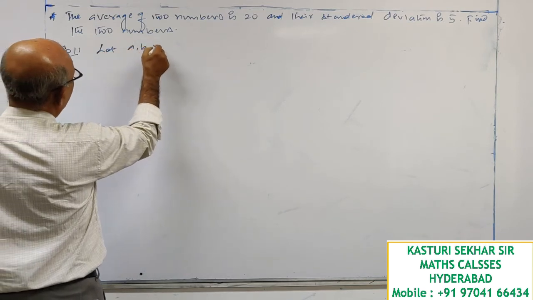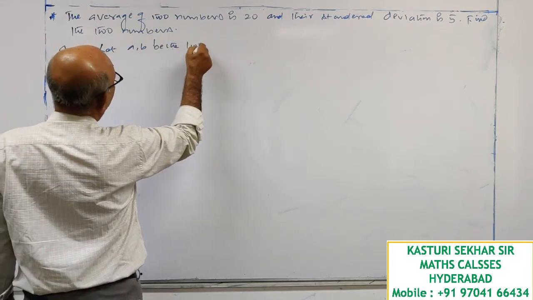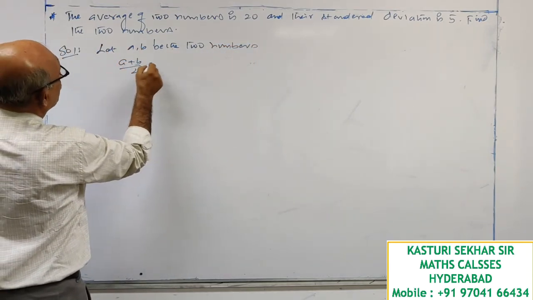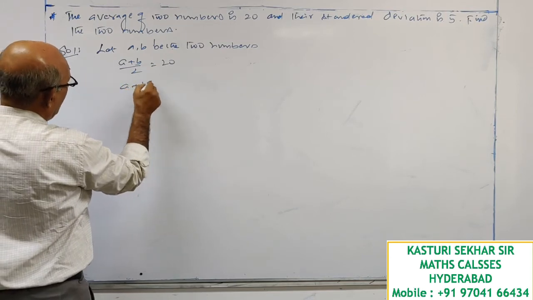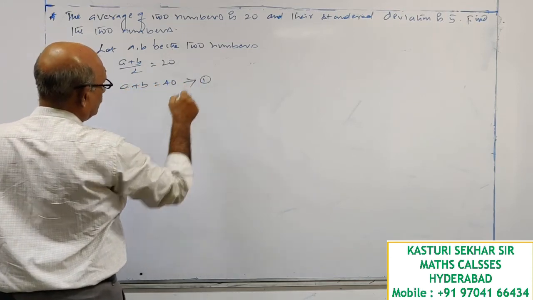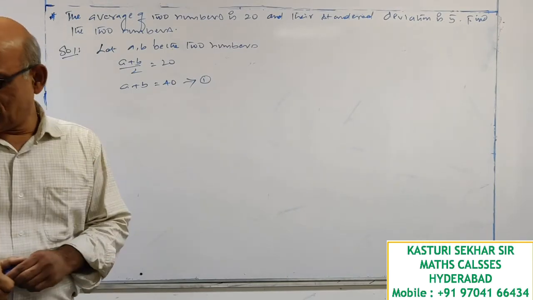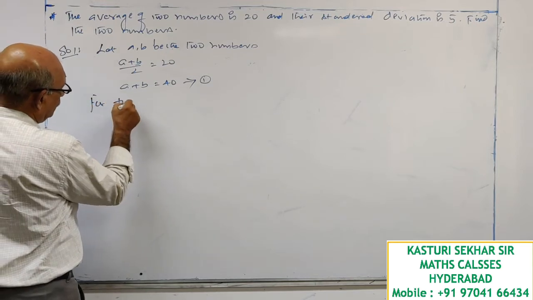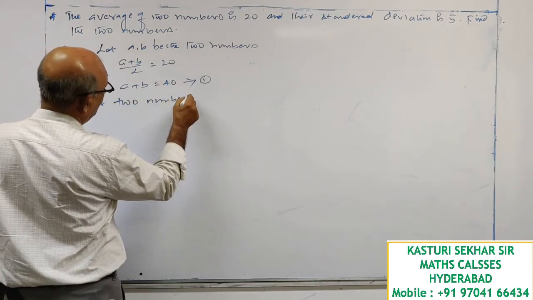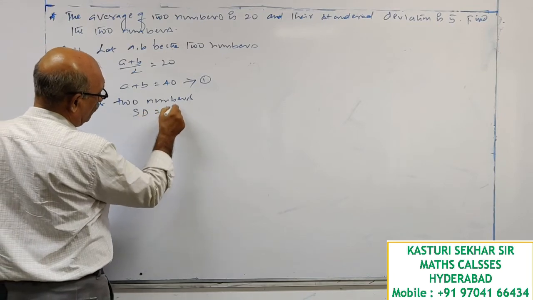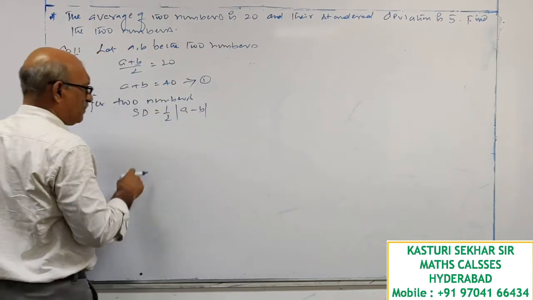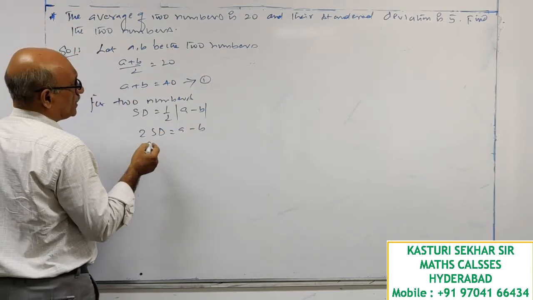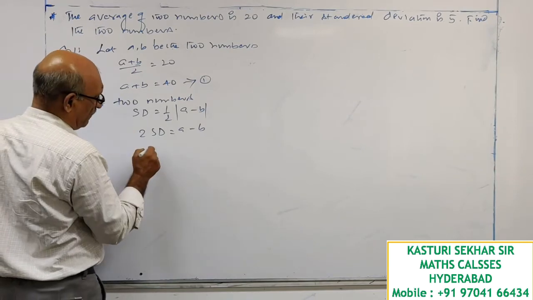Let A, B be the two numbers. Average (A plus B)/2 is equal to 20. A plus B is equal to 40. This is equation number 1. For two numbers, standard deviation is equal to 1/2 into modulus of A minus B. So 2 into standard deviation is A minus B. Standard deviation is given as 5.